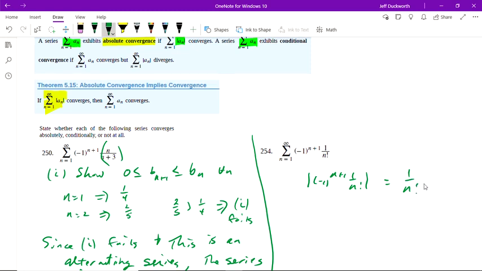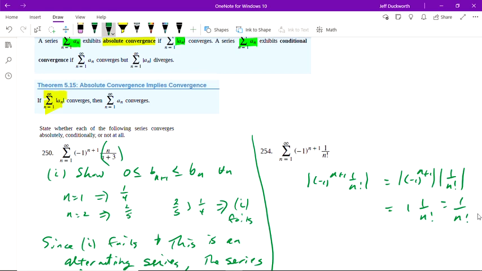We can break them into two pieces, or if I add the extra step, this equals the absolute value of (-1)^(n+1) times the absolute value of 1 over n factorial, which equals 1 times 1 over n factorial. Because these n values are going up, they're not going to be negative, so it's just 1 over n factorial.